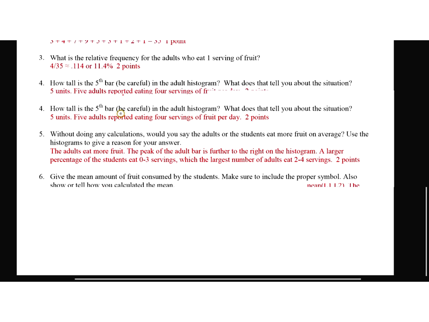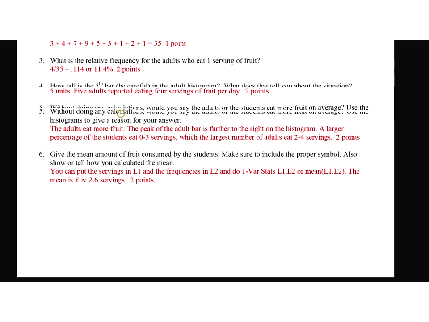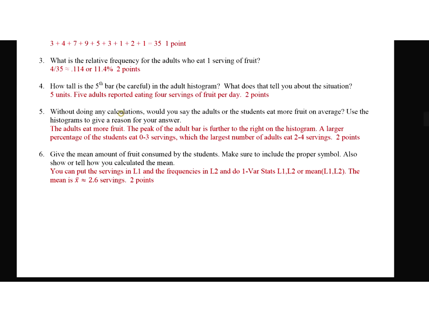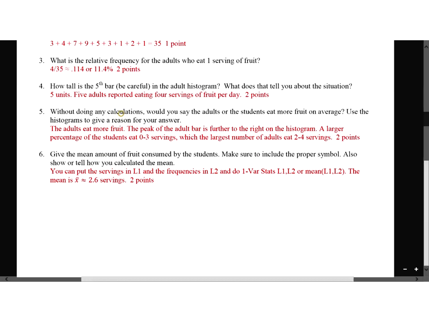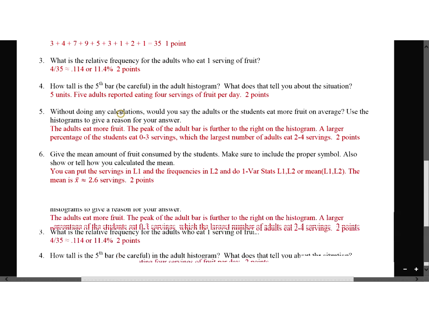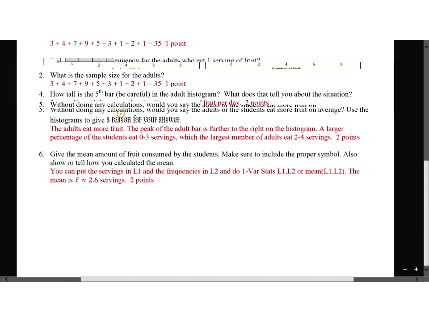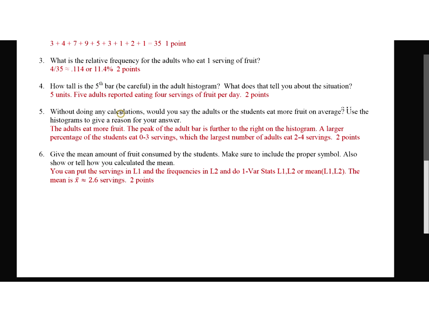But that number 5 doesn't tell you that. All it tells you is that 5 people ate 4 servings of fruit. And then, as far as how you can tell from the histogram, that's two or 3 sentences. I'm not looking for very detailed explanations. If you've written more than 2 sentences, you probably could shorten your answer.